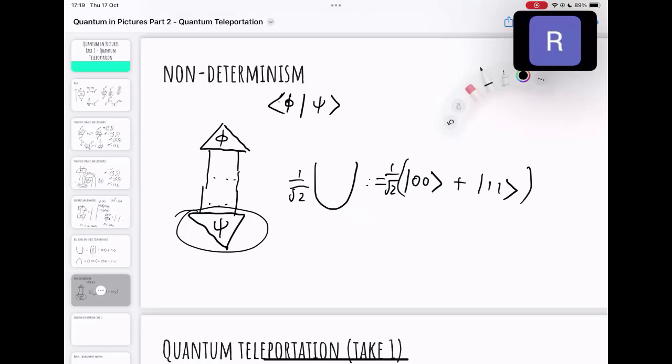When you measure this normalized quantum state, you're going to get 0, 0 or 1, 1 with equal probability. And that's not something you can control. That's all I want to say for now.